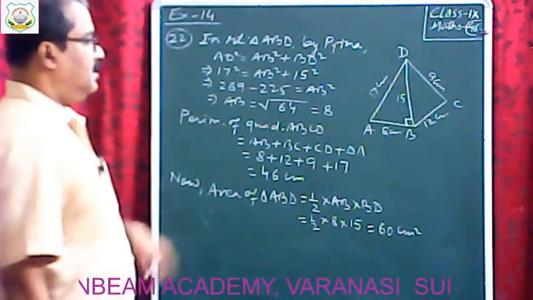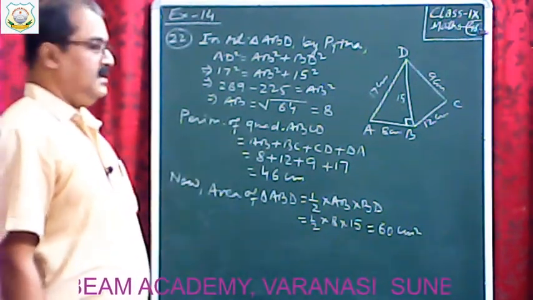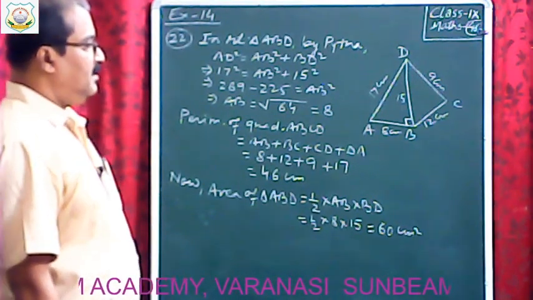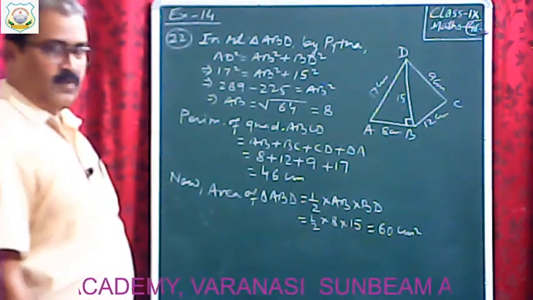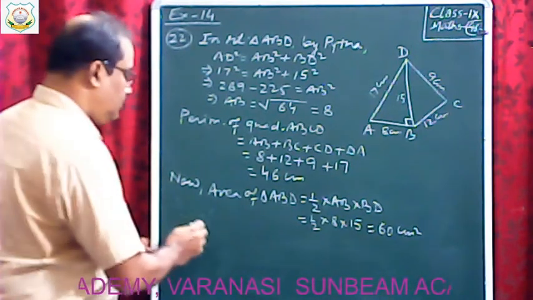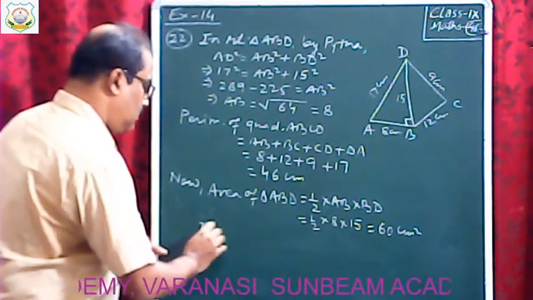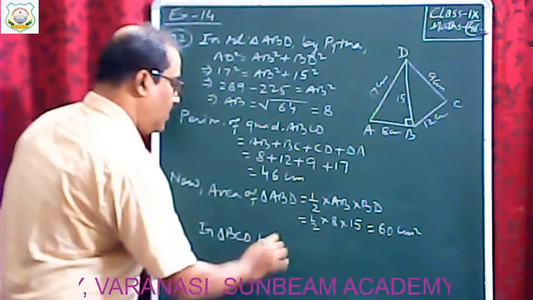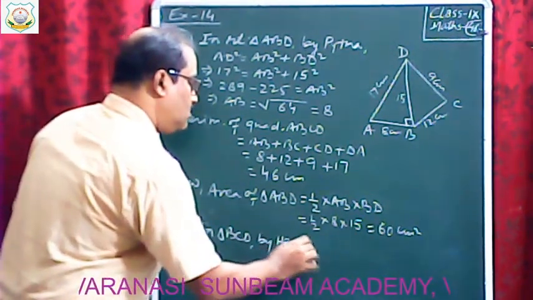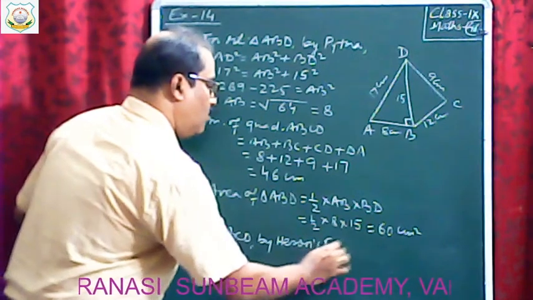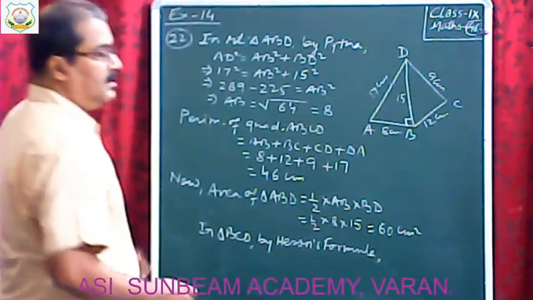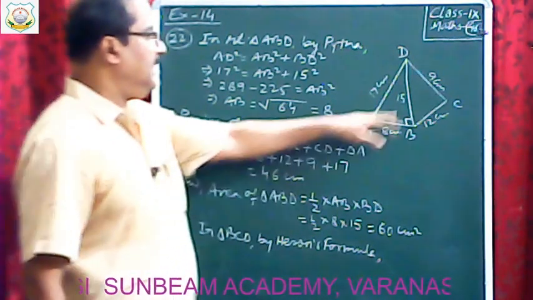And thereafter BCD, the second triangle is BCD. So all three sides are different. We have to use Heron's formula. In triangle BCD by Heron's formula, suppose A is 12, B is 9 and C is 15.